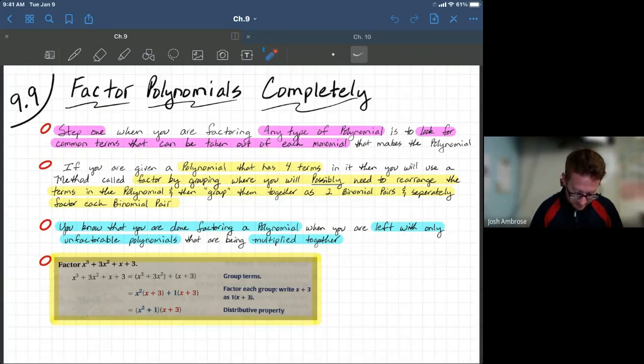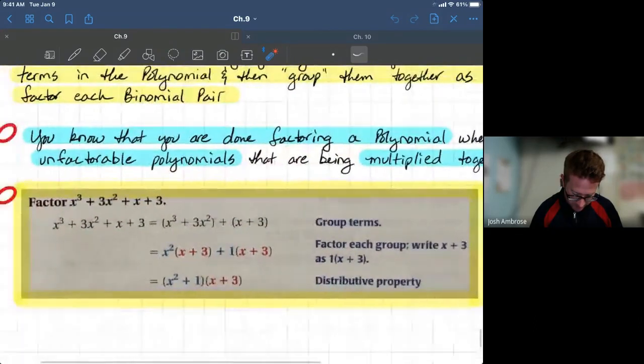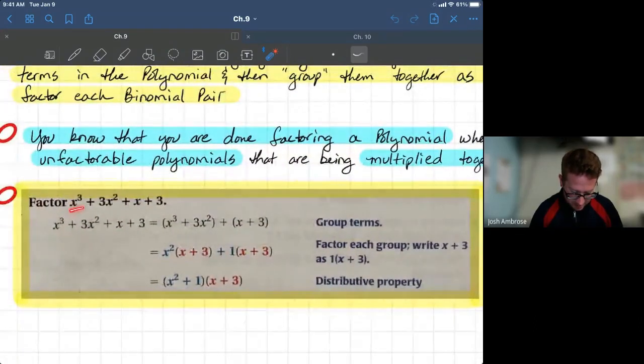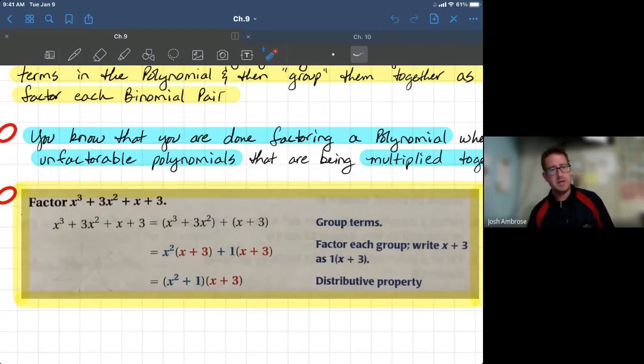Okay, so let's take a look at an example problem already worked out for us here. Again, brand new. We're looking at 4 terms, okay? So x to the 3rd power plus 3x squared plus x plus 3. There's 4 terms there. And what they are going to do, here is our grouping mentality. You see the first 2 terms right here are what they put in parentheses right here.